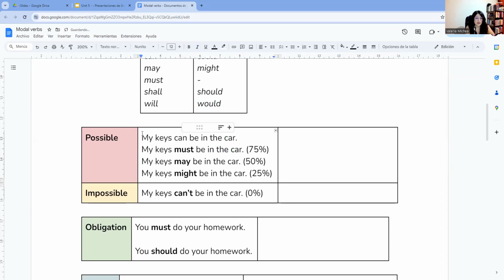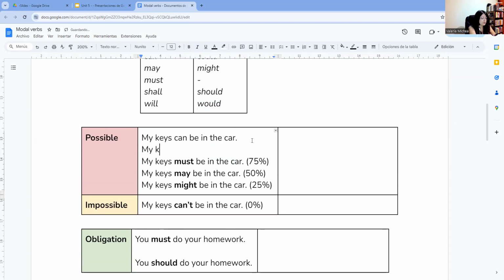There you go. And also we talked about could, so I'm going to add it. My keys could be in the car. So we have can for possibility, could, must, may, and might. That's how we view them.